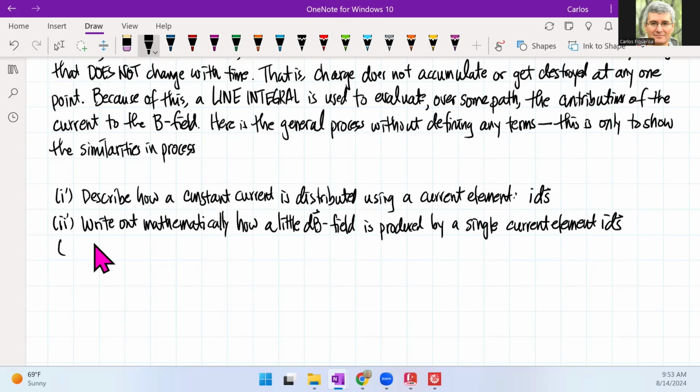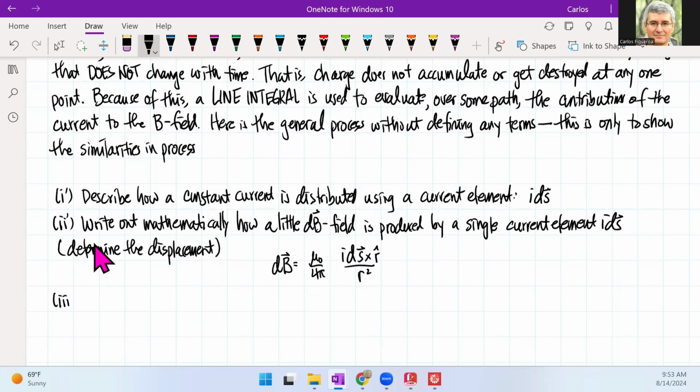And again, the big part of the deal here is that we need to determine the displacement vector. Just as before. So then we're going to write in here our little dB. There's going to be a strength constant, mu naught divided by 4 pi, and then we have I ds cross r hat divided by r squared. You can see that it's an inverse square law, just like electric fields.